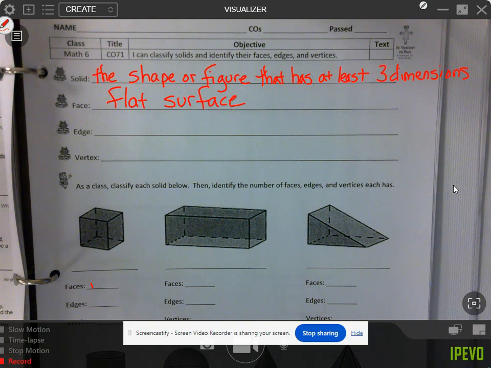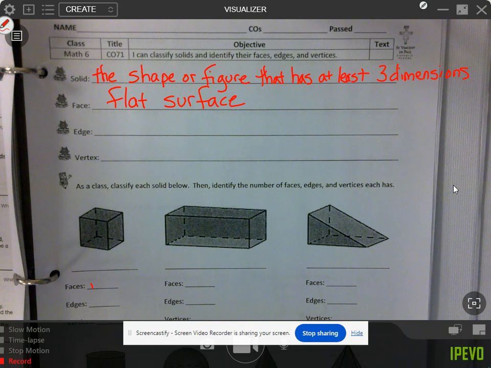So when we look at our cube here, that flat surface on the side, flat surface on the top, flat surface on this side. So it's all the flat surfaces. That is our face. So each of those sides, tops, bottoms, sides, those are all the faces of our shape.